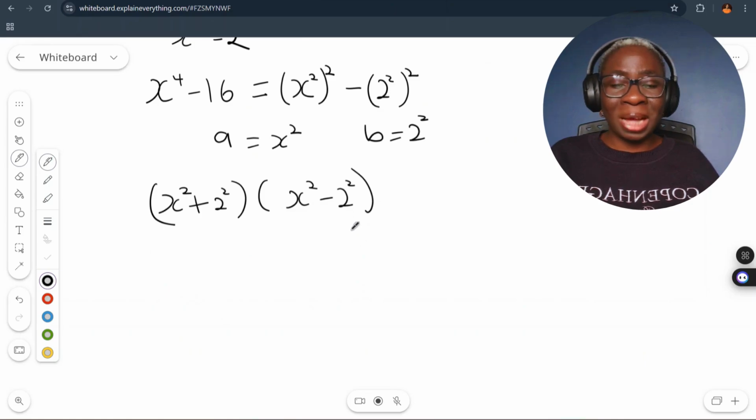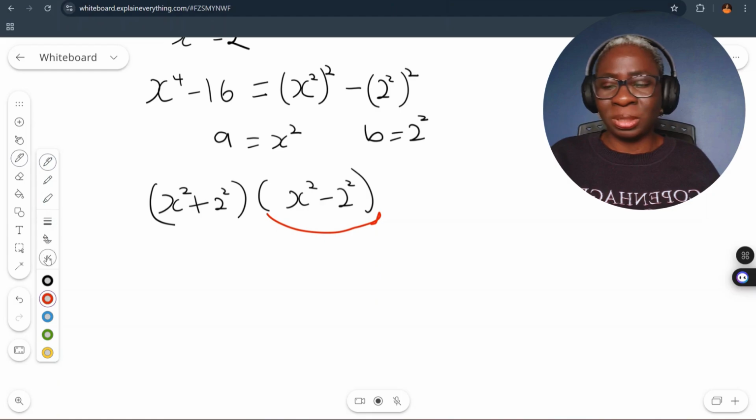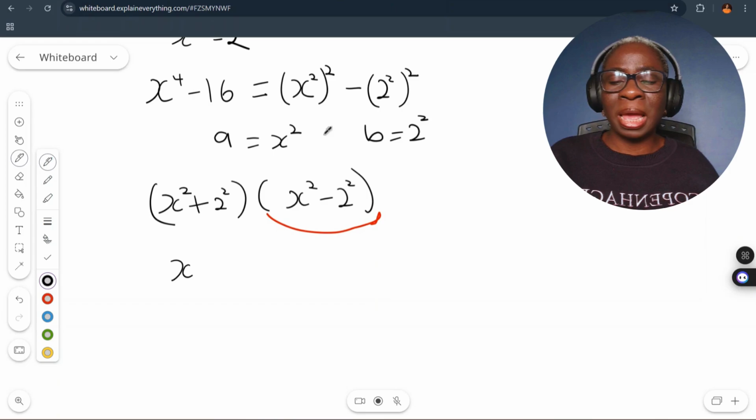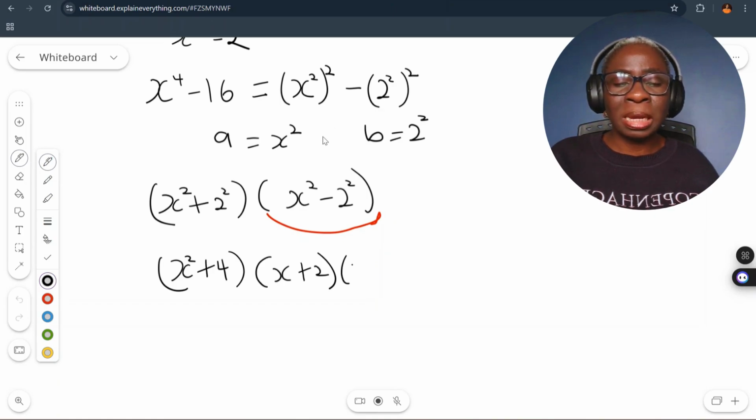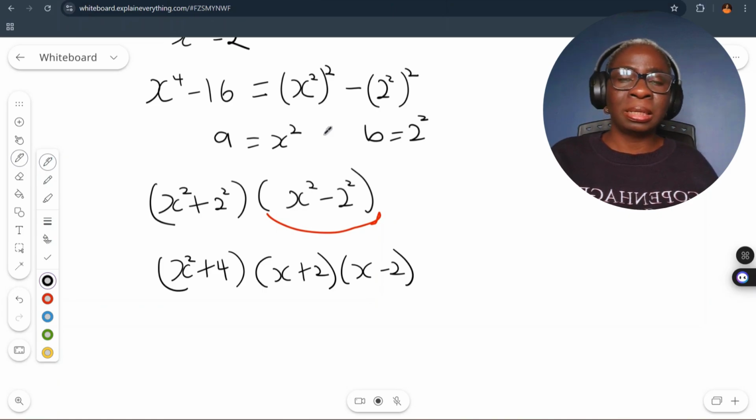Now if you look at this, you realize that we cannot factorize this further because it has a positive, but we can still factorize this one. So for this right hand side, we will be having x squared plus 4. There is nothing we can do about this anymore. But for this one, we will be having x plus 2, then x minus 2, because here x is a and b is 2.